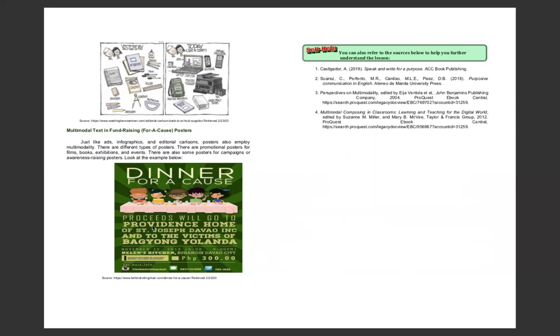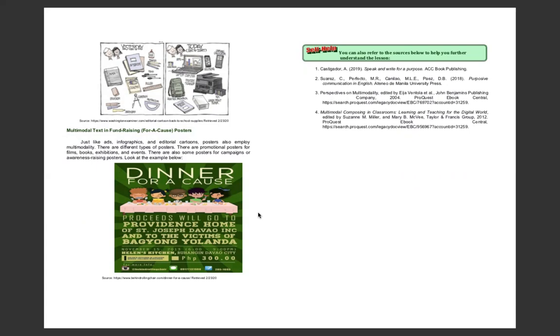Look at this example. The one I mentioned about how to prevent COVID-19 could also be done through a promotional poster, an awareness-raising poster. How to conserve Mother Nature, how to save planet Earth. Those are examples of posters for campaigns or awareness-raising posters.